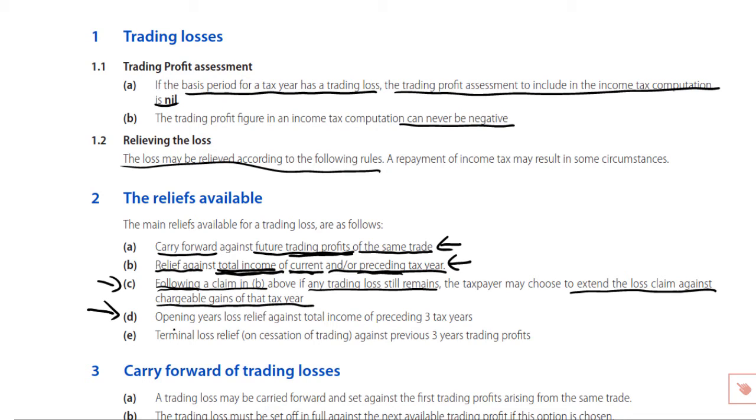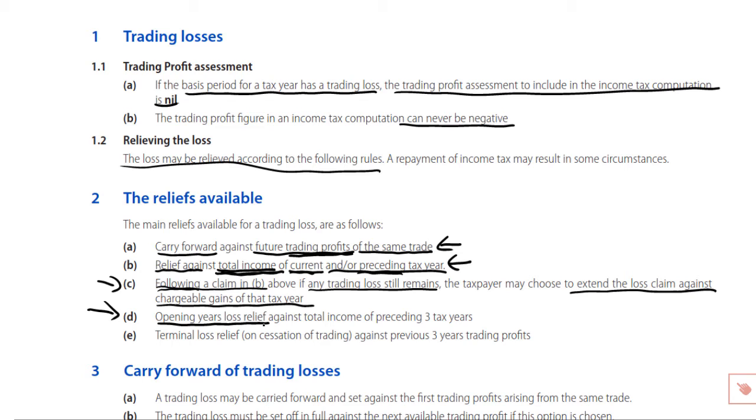We then, in D and E here, have two very specialist loss reliefs. This one in D is opening years loss relief. So very specific to the opening years. Now that is plural. We'll see in the later detailed note upon it that we're able to utilise a loss under this relief if it's sustained in any of the first 4 tax years of assessment. Don't worry about noting that down.